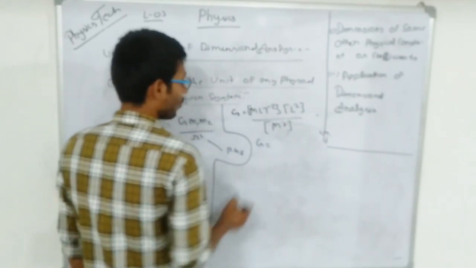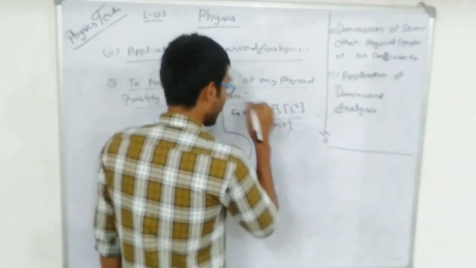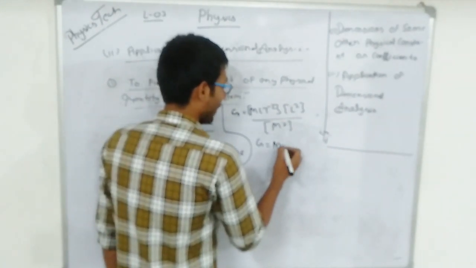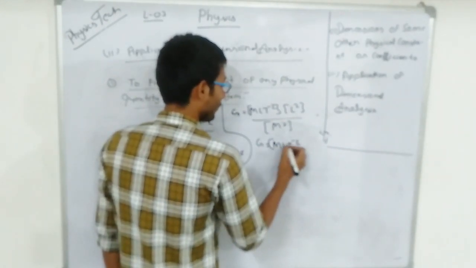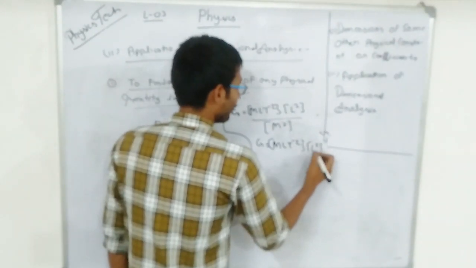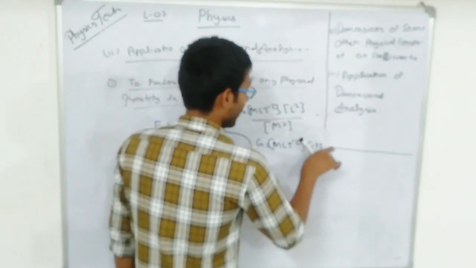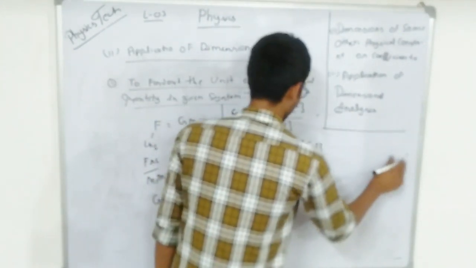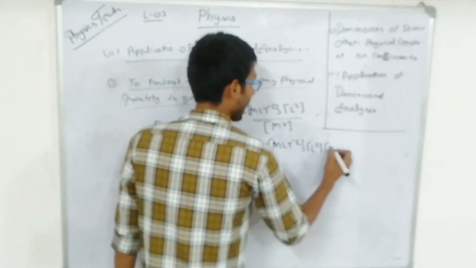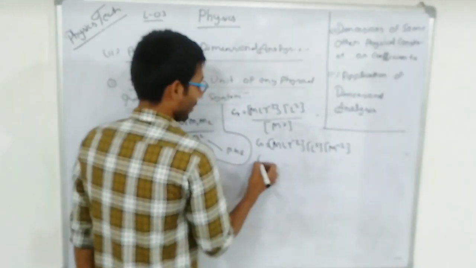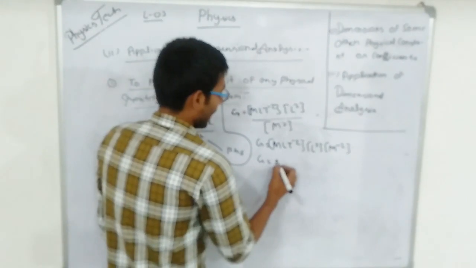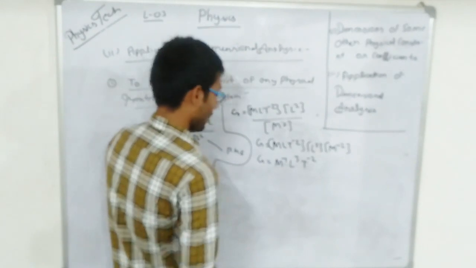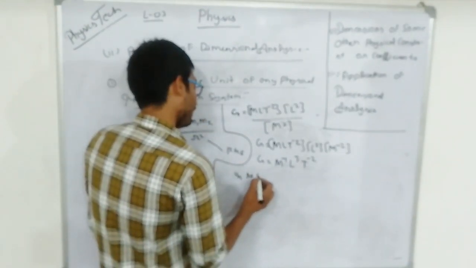So now G is equal to, converting the denominator into numerator, M L T base minus 2 into L base 2 into M base minus 2. Now G is equal to M base minus 1 L base 3 T base minus 2 in MKS system.